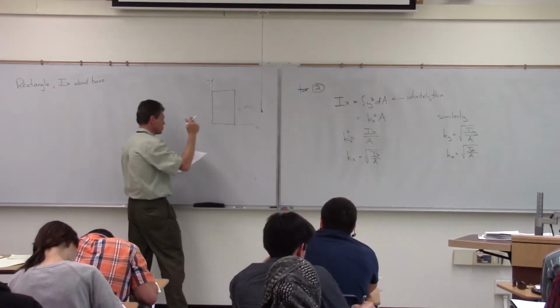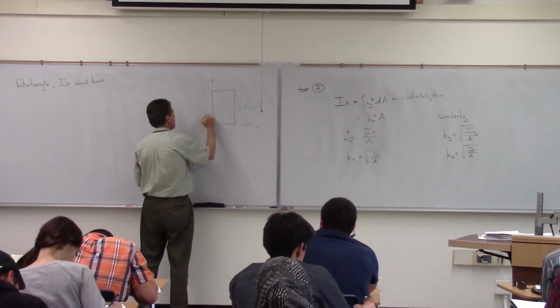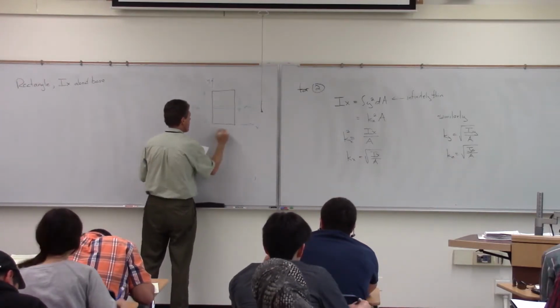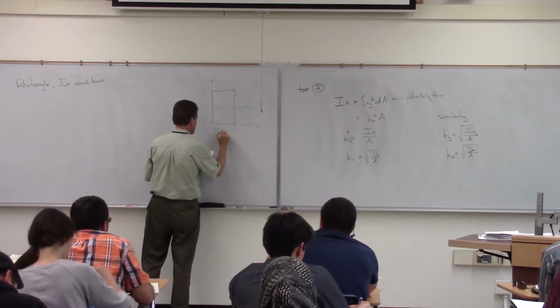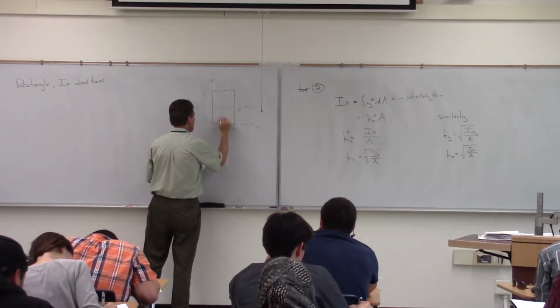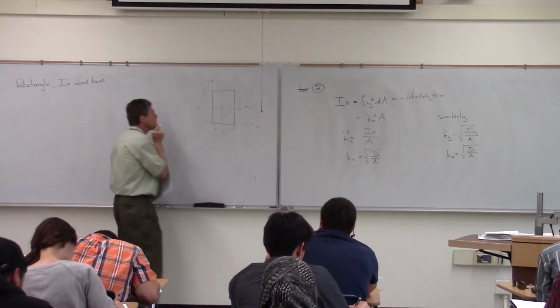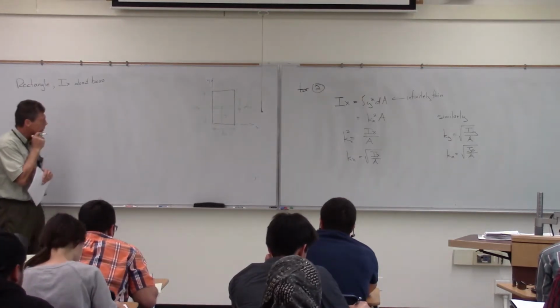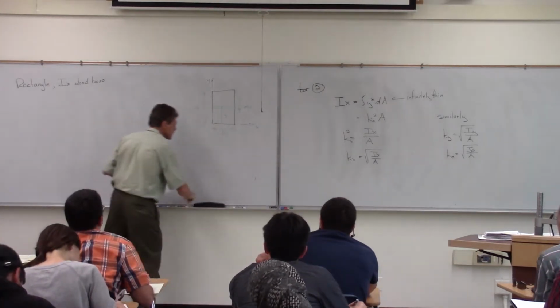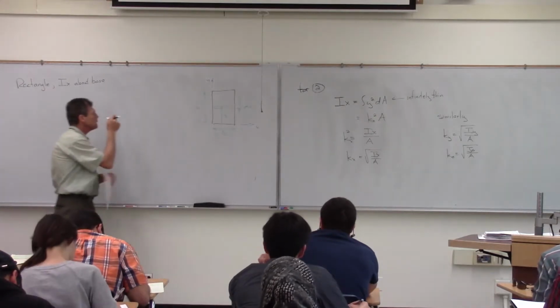And we'll do horizontal strips. So we'll set up our integration like so. We'll have our horizontal strips like so. We're going to range between h and b.